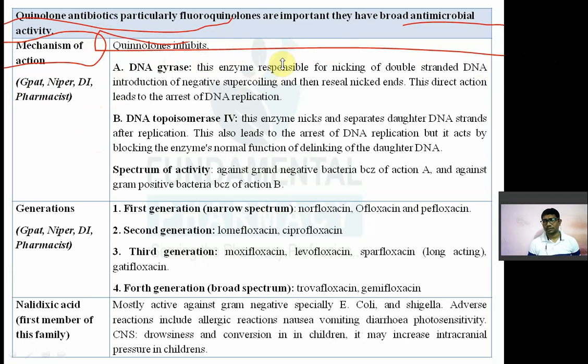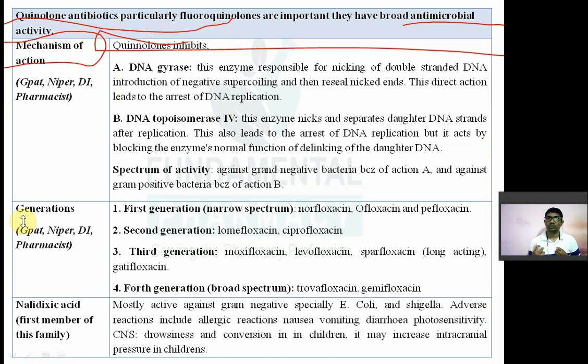Topoisomerase enzyme is responsible for the negative supercoiling of DNA. तो जो replication होता है, at one end DNA helicase will open the double-stranded DNA, and at the other end there will be supercoiling. तो एक रस्सी है आपके हाथ में, एक जगह आप उसको बांध दो और दूसरी साइड से उसको निकालो, तो कॉइलिंग टाइट होगा.